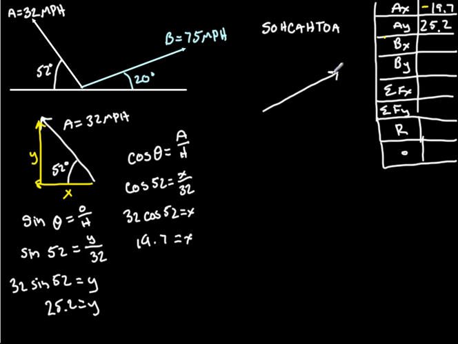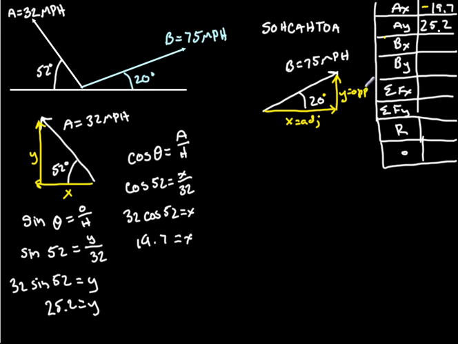I'm just going to put it right here. This is vector B, and vector B is 75 miles per hour at a 20-degree angle. So we're going to put in our x and our y, and x is the adjacent in this case, because x is always next to our degree angle right here.